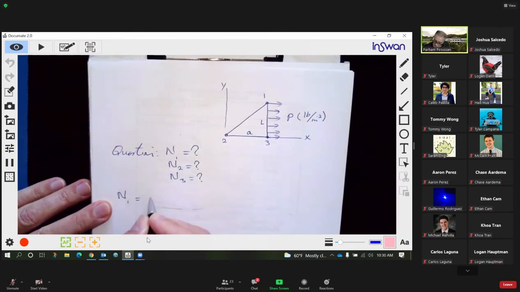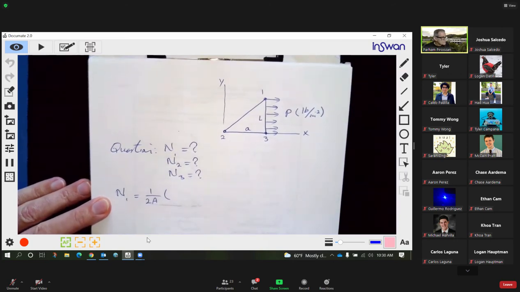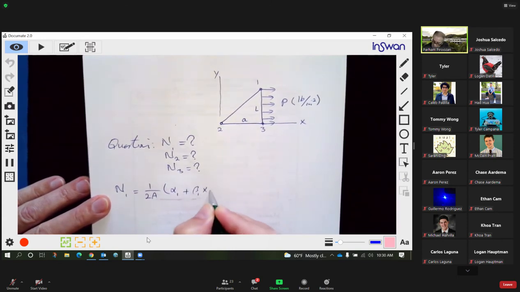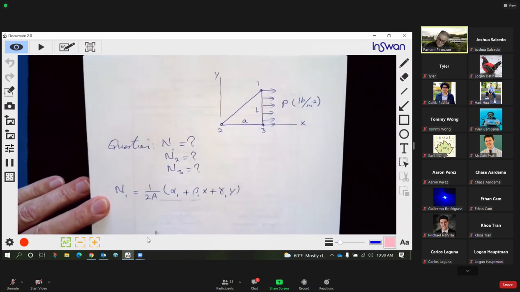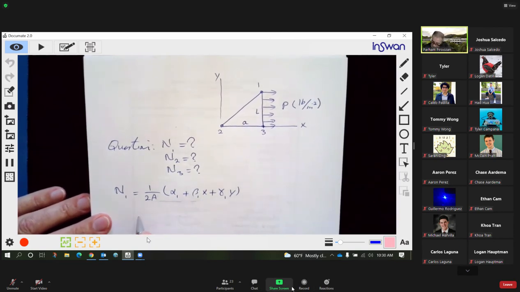N1 is equal to 1 over 2A times alpha 1 plus beta 1 x plus gamma 1 y. I need these alpha 1, beta 1, and gamma 1.